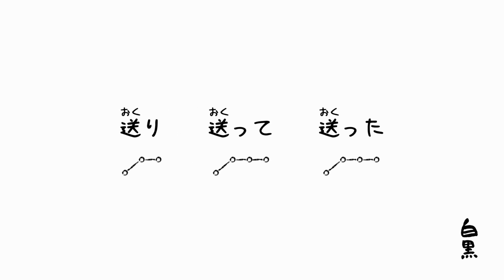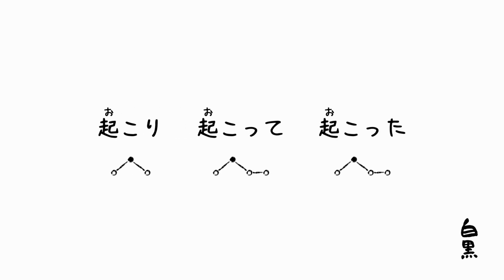送る is a nucleus-less group 1 verb, and its 連用形 is 送り. When attaching て and た, 即音便 occurs, so it becomes 送って and 送った. 怒る is a nucleus-bearing group 1 verb, and its 連用形 is 怒り.